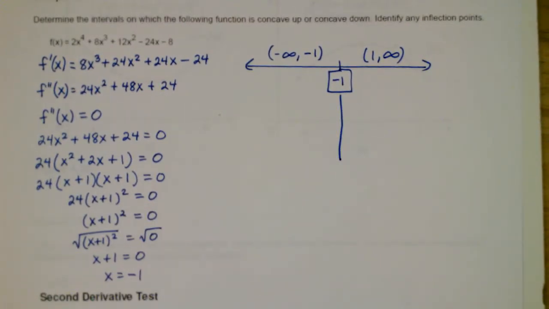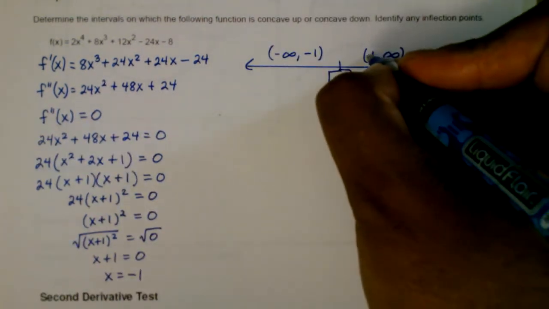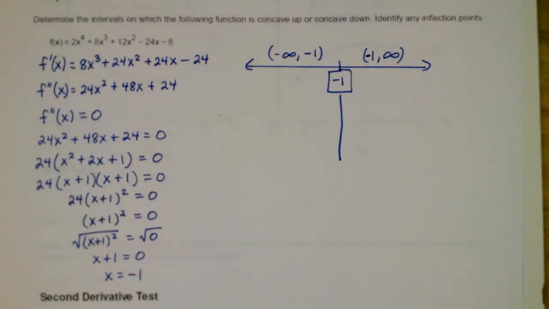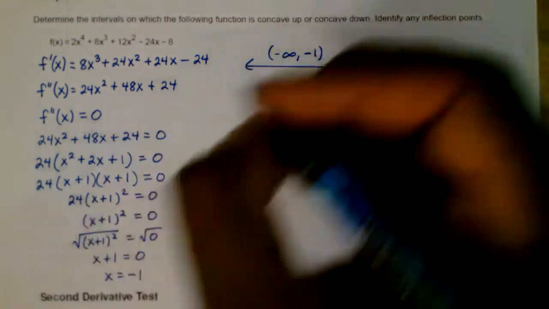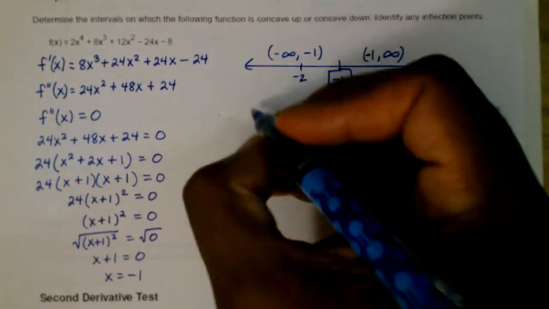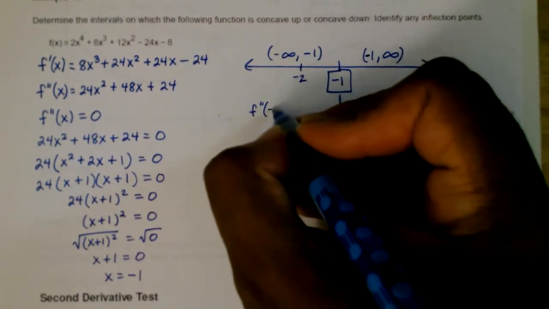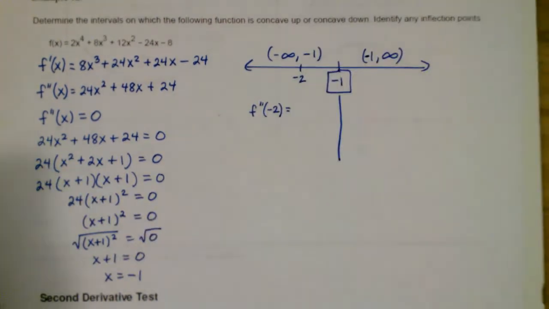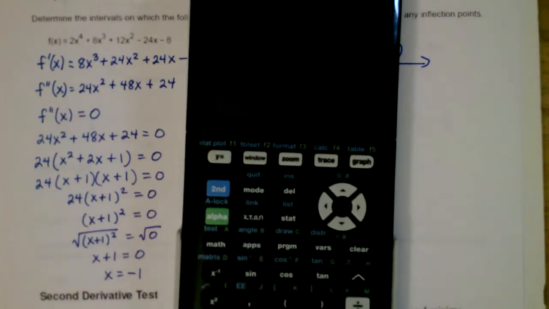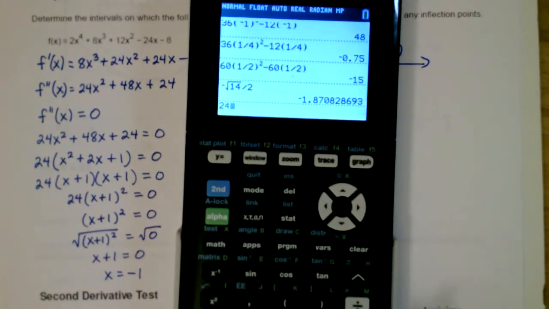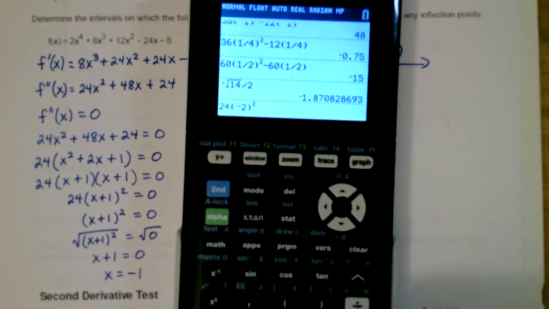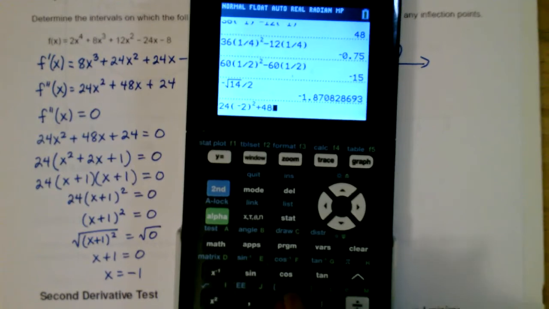For negative infinity to negative 1, let's use negative 2 and do f double prime of negative 2. So this will be 24 times negative 2 squared, plus 48 times negative 2, plus 24.